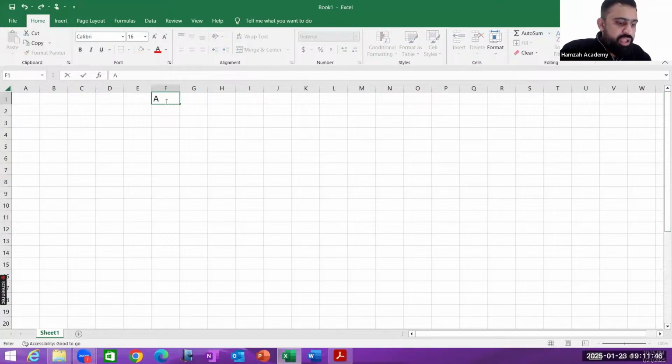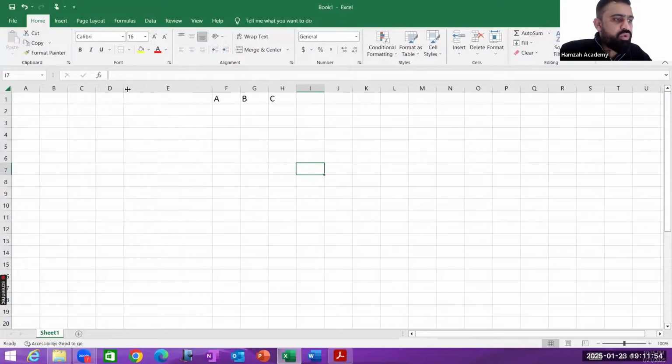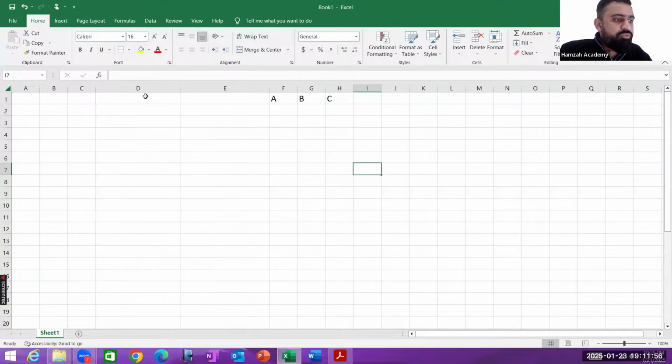We have product A, product B, and product C, and we are going to calculate the full cost.